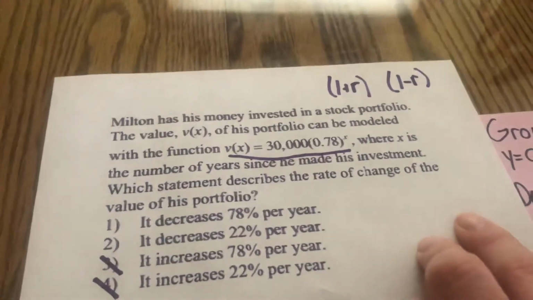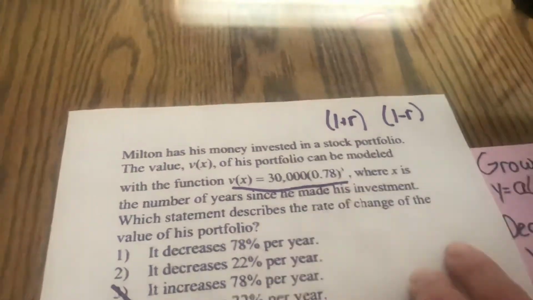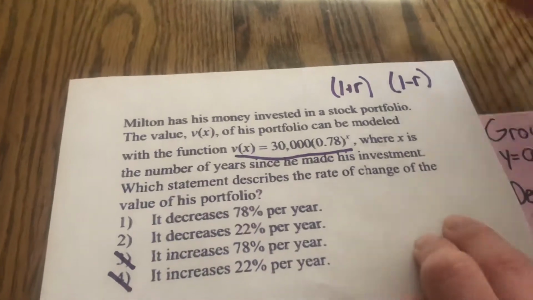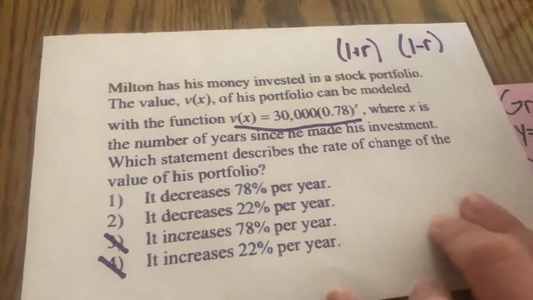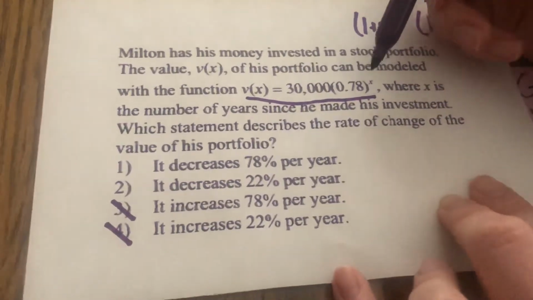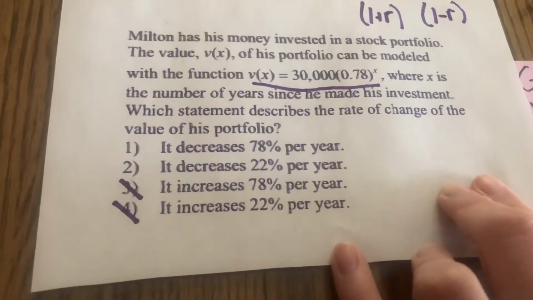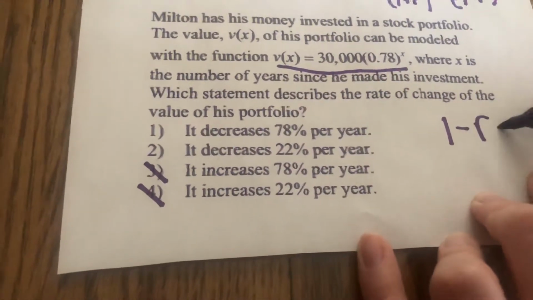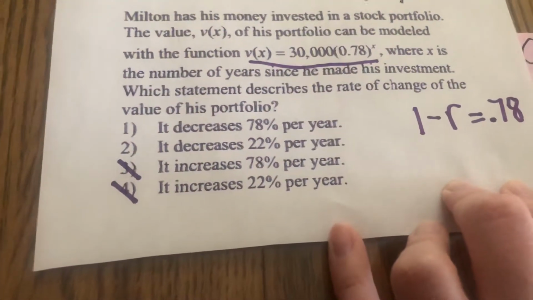It's not going up. Now, the same way how in that last problem we got that 0.86, we had to do 1 minus something to get that 0.86. It wasn't 70 or 78%, which is what they want you to assume to pick. You have to do 1 minus the rate gives us that 0.78, okay?